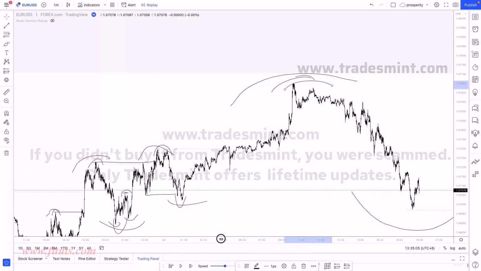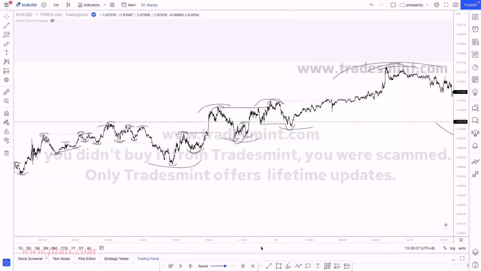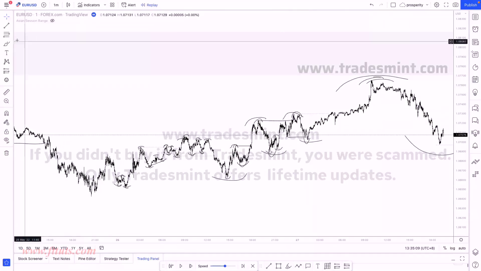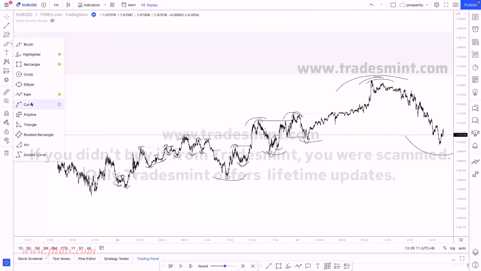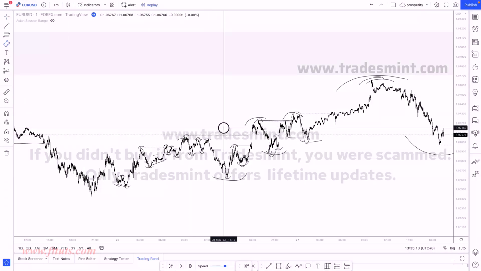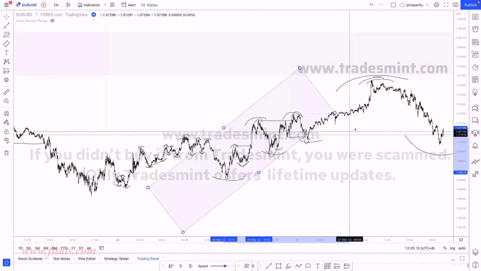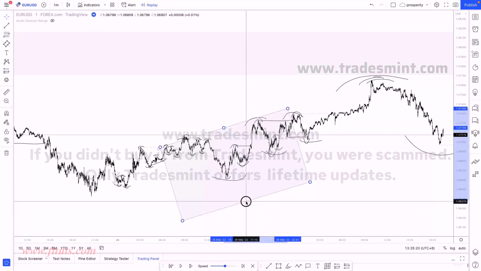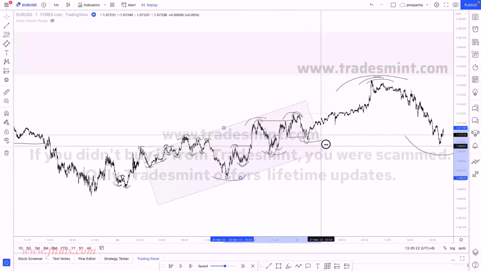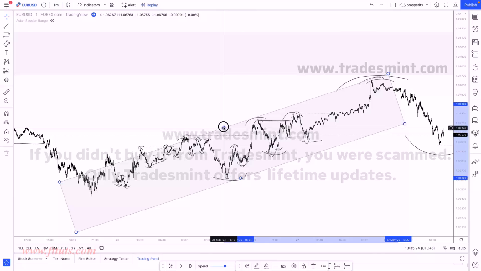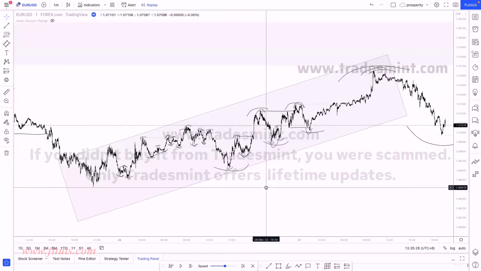So you can see, right, how the minor breaks of structure, the minor structure, because all of this right here, okay, that was terrible. All of this price action is just what?